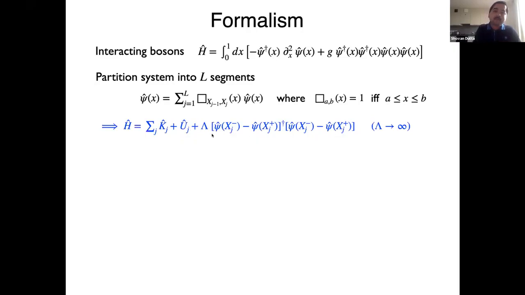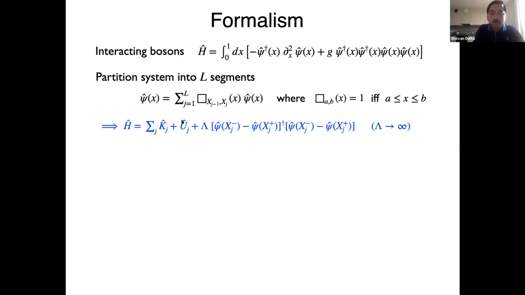And lambda is like an energy penalty, which is formally infinite. So it means that in the ground state, this term has to vanish, because otherwise the energy will just blow up. So that means in the ground state or in any low energy state, you won't have any discontinuity, which makes sense.